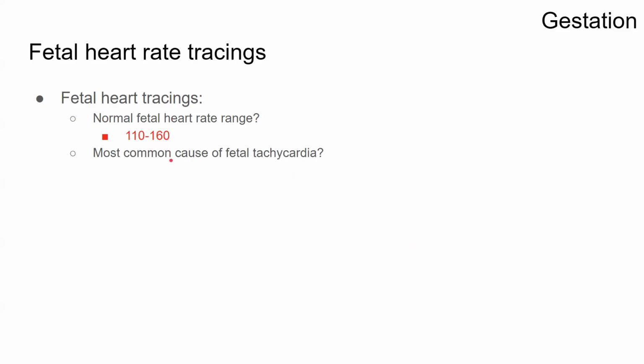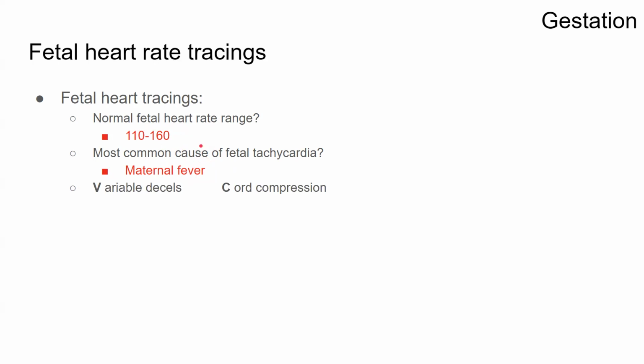One other thing that will show up: let's say the baby has a baseline heart rate of like 180. The most common cause of fetal tachycardia is maternal fever. So mom is sick and then baby's heart rate goes up. That's just a high yield association.